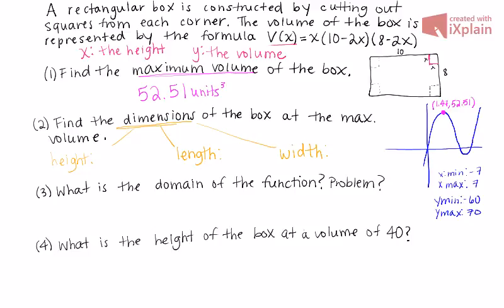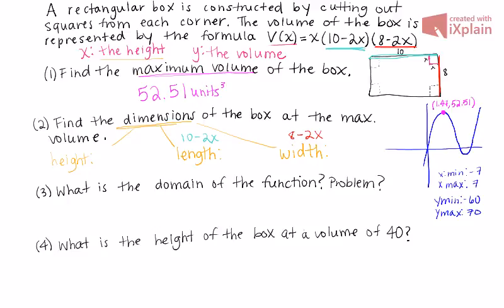Just looking at this picture of the box, the height is going to be our x value, as we mentioned right here. The length is this whole side right here, so I know that the expression 10 minus 2x represents my length, and the width is this side of the box, so I know that the expression 8 minus 2x represents the width of my box.